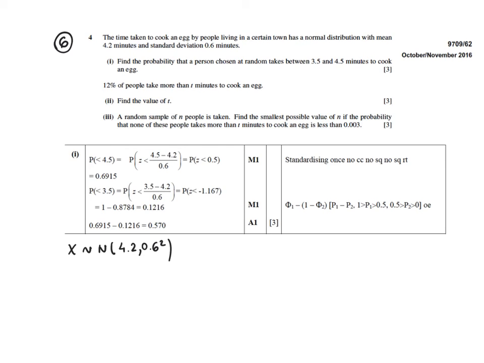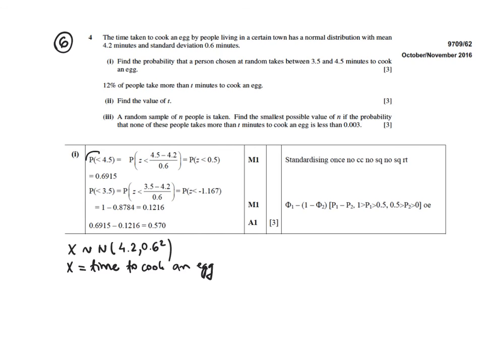Also, I advise you to write X is the time to cook an egg. We do this as a good habit because later on, especially in S2, we will have more than one distribution in a question. Therefore, we'll need to know which distribution we are talking about.